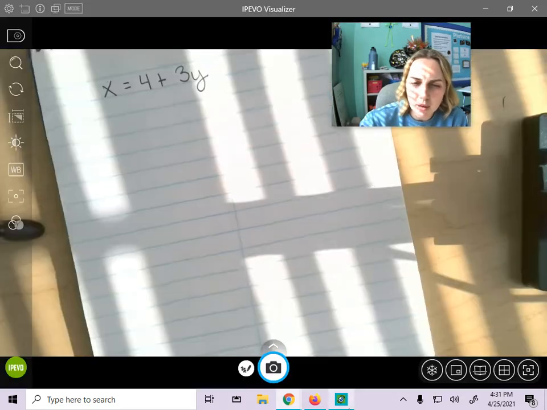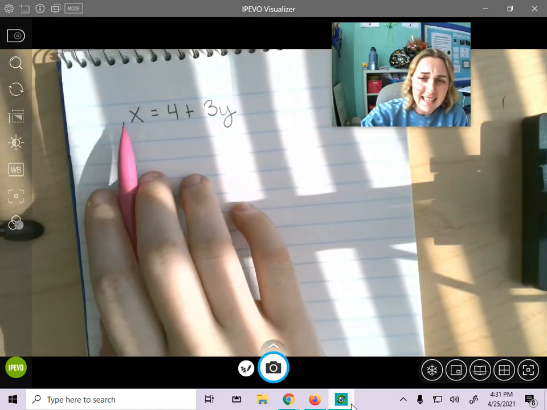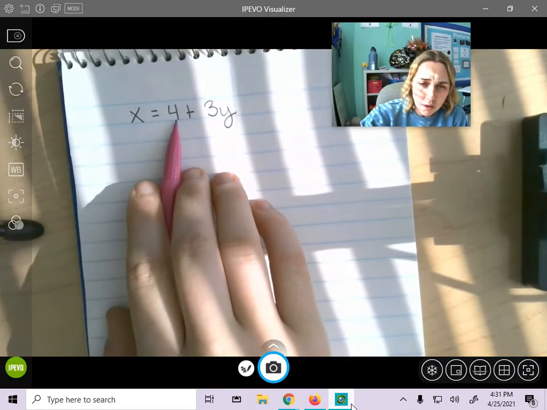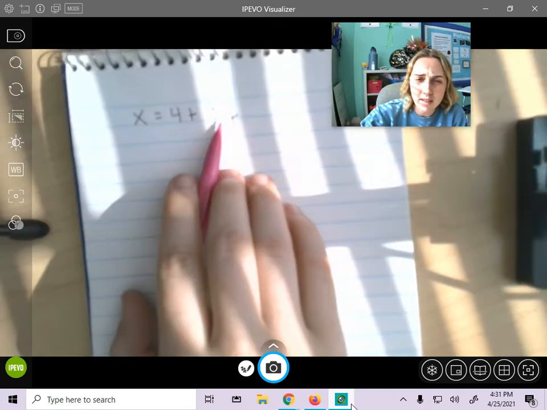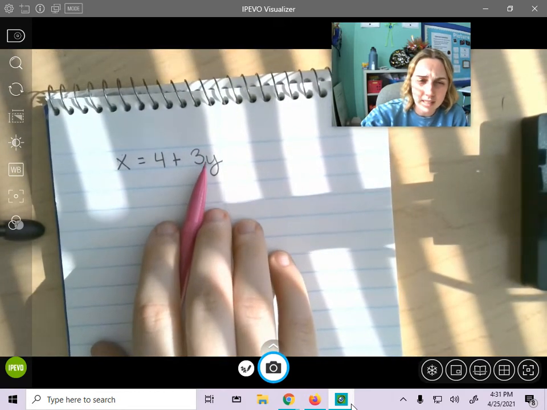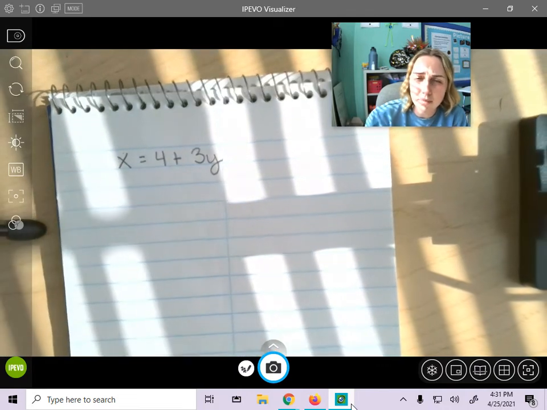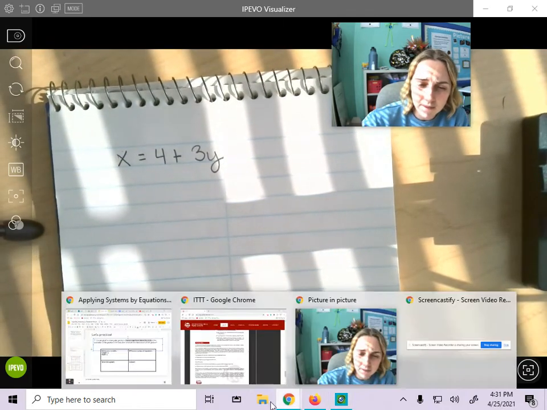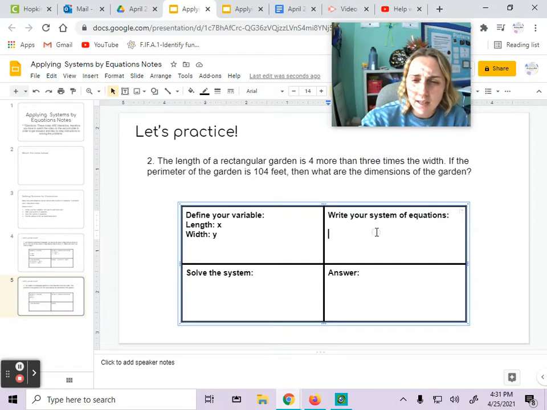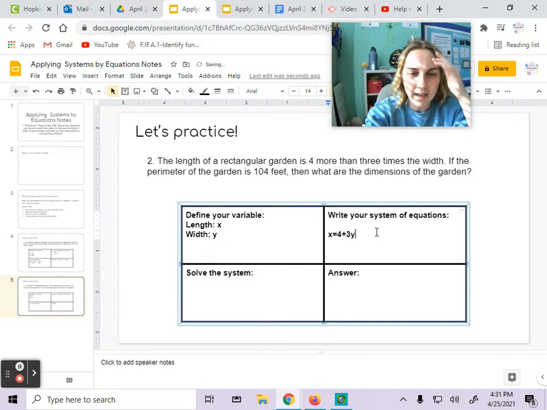So here's my first problem. I wrote it out. It said the length is 4 more than 3 times the width. So I put 3y, 3 multiplied by the width, and then I put plus 4 to represent that is going to be my length. So that's going to be my first equation. So right here, I'm going to say x is equal to 4 plus 3y.